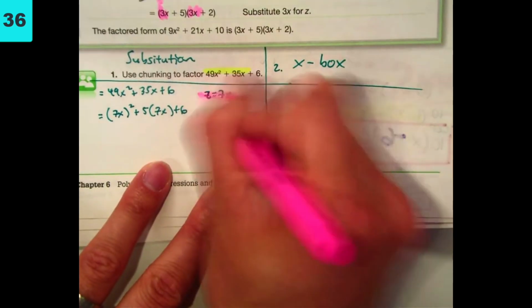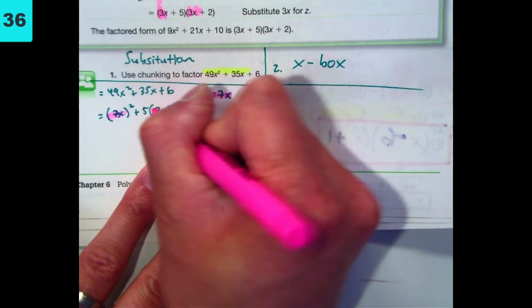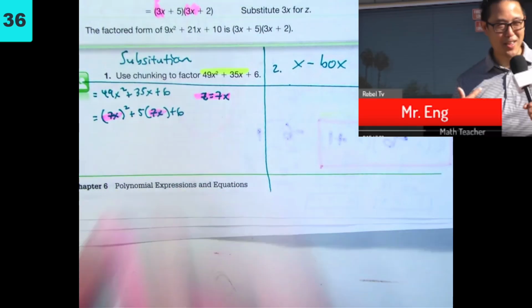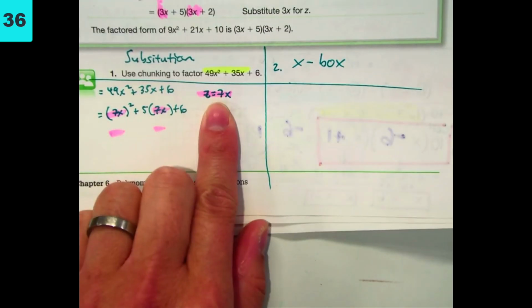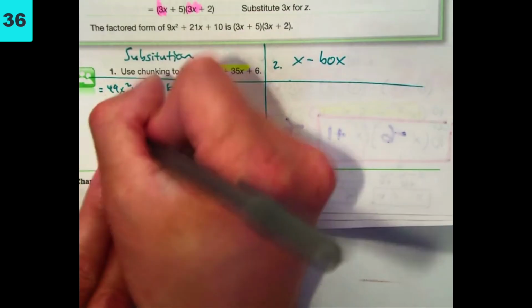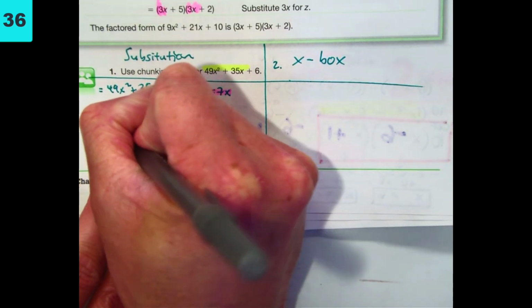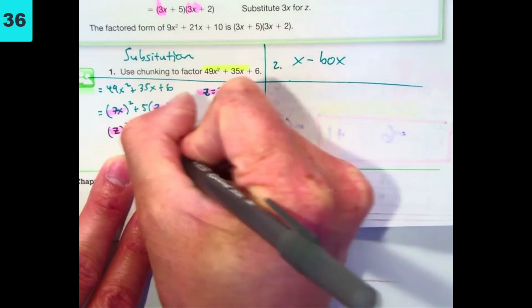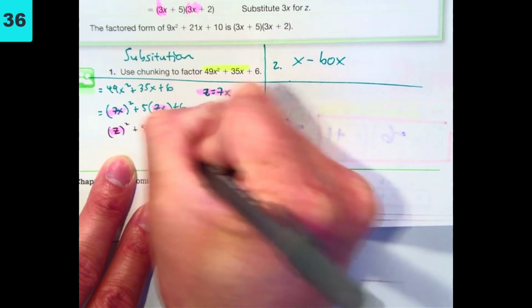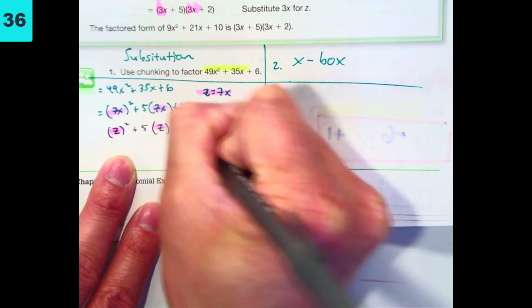Do you see that? There's my chunking or my substitution. Instead of writing 7x, I can write what variable now? Z. So let's write that. Z, I like to draw another line through it. Z squared plus 5 times z plus 6.